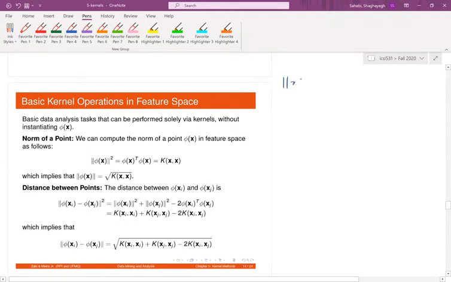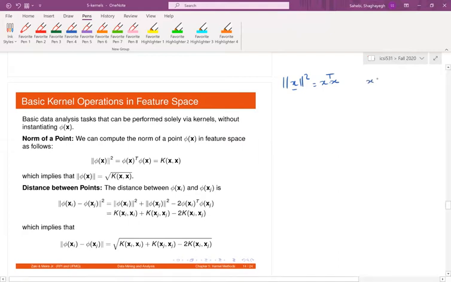It was basically equal to x transpose x, right? Now we want to show that we can calculate the norm of a point in the new feature space only using kernels, without having access to phi of x.